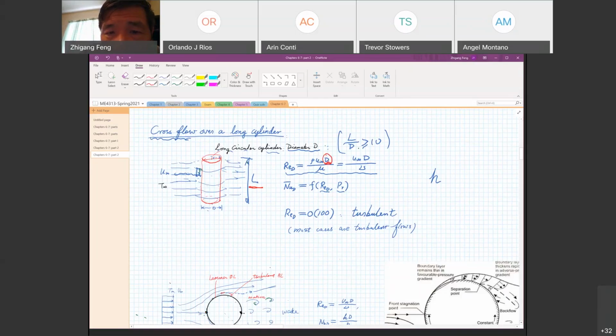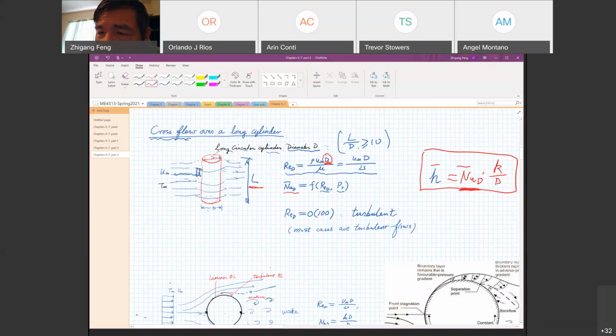So you calculate the Reynolds number, and then based on the equation that I will present later on, you find the Nusselt number, and then you find the average h from the Nusselt number using this relationship, k over D. So again, this is no longer x, it has to be the diameter D. And for flow over a cylinder, as well as the third configuration, which is flow over a sphere, we only have the average heat transfer coefficient.